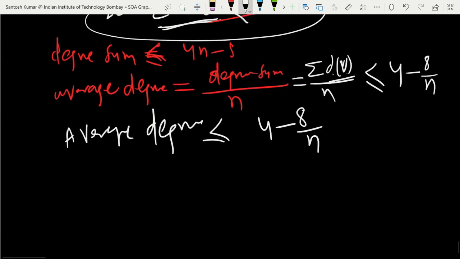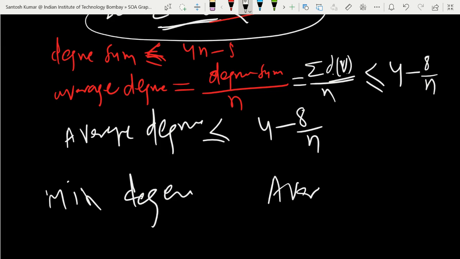What do you know about the relation between the minimum degree and the average degree? You have n vertices, and each vertex has some degree. Which one will you find smaller?